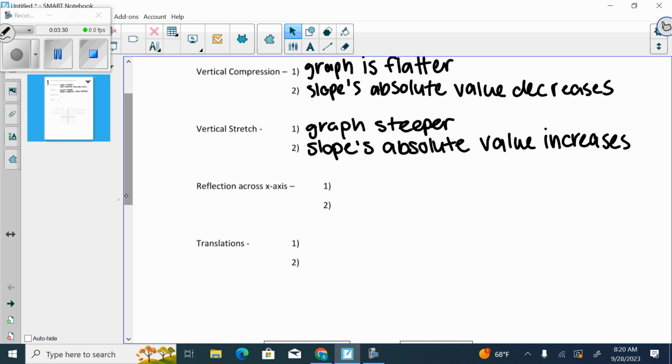But basically, we flipped the points, right? The points that were up here end up down here. The points that were down here end up here, right? So we are reflecting across the x-axis. And what this does is all of your y coordinates change to their opposite.